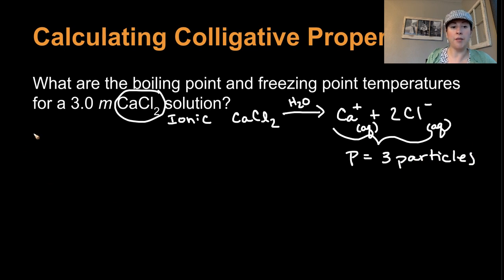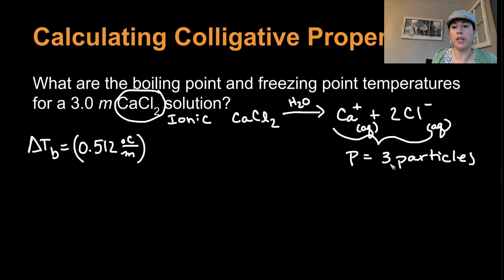Okay, so with that in mind, we can go ahead and do our other calculations. So if I want to do the change in temperature due to boiling, for boiling, we are going to put in our 0.512, degrees Celsius per molal, times our 3 that comes from over here.